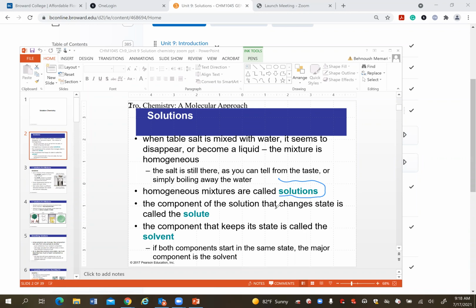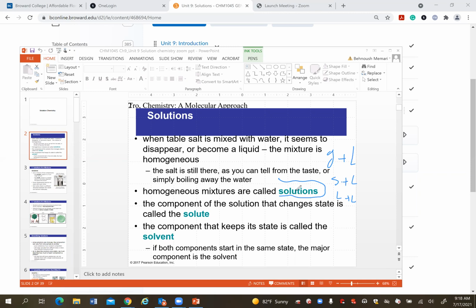A solution of gas in liquid. Gas in liquid is like soda, right? Carbonated drinks are all gas in liquid.